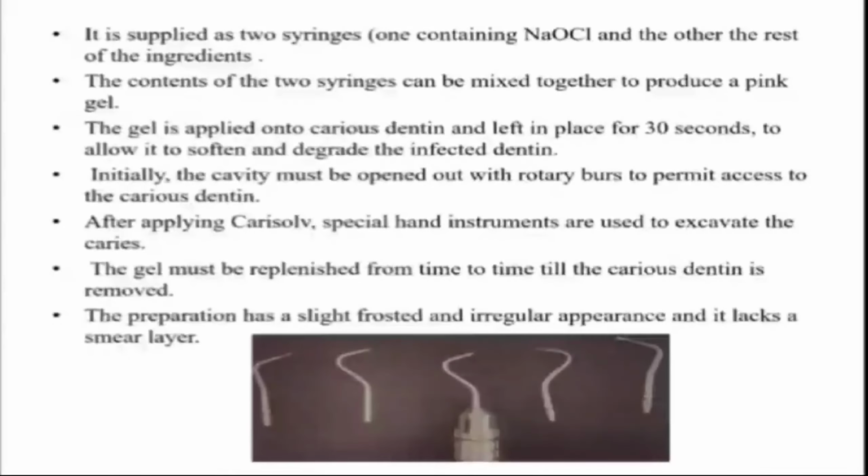Next one is electric pulp test, that uses nerve stimulation, and the major objective is to stimulate a pulpal response by subjecting the tooth to an increasing degree of electric current, and a positive response indicates pulp vitality, and if there is no response it will indicate pulp necrosis. Here also there is a procedure.